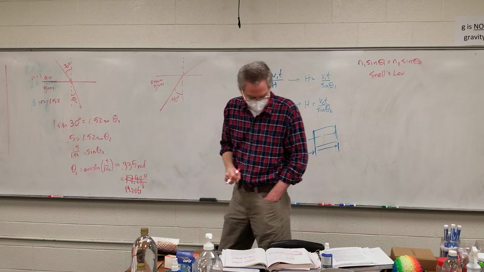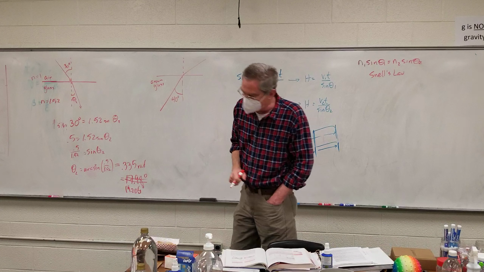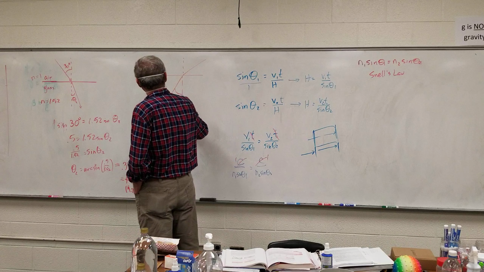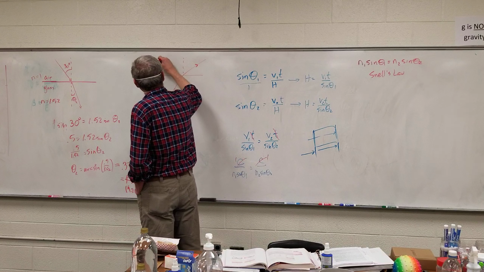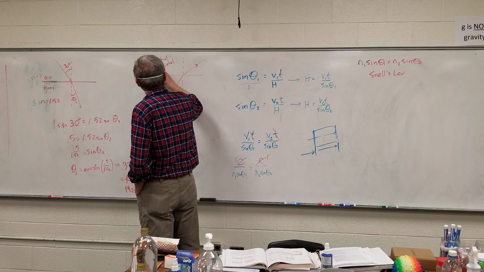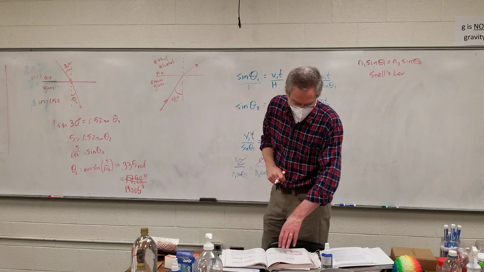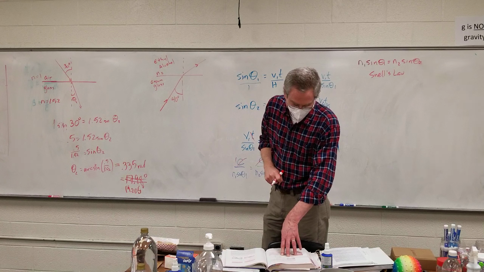Let's put this in something with a smaller index of refraction. Ethyl alcohol. The light's traveling this way. So again, not expecting you to memorize these, because I definitely haven't. Ethyl alcohol, I just saw 1.36.